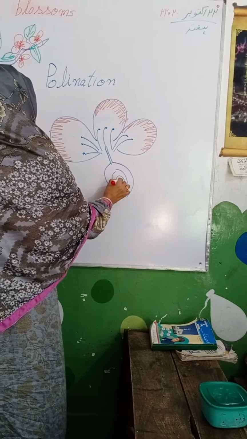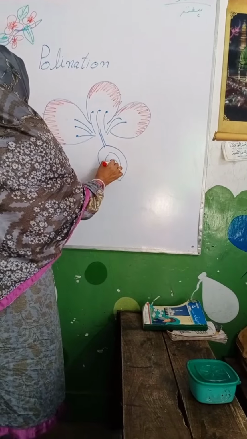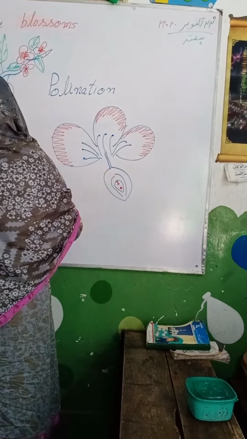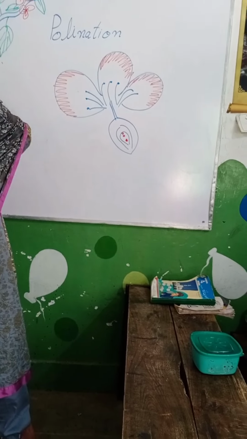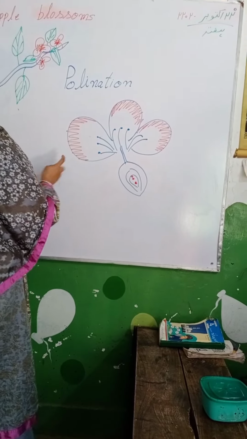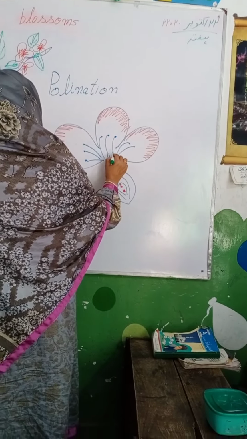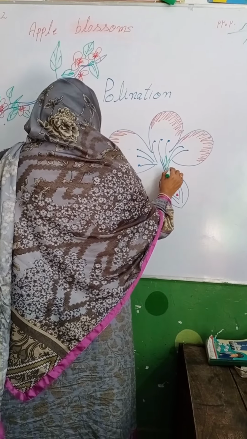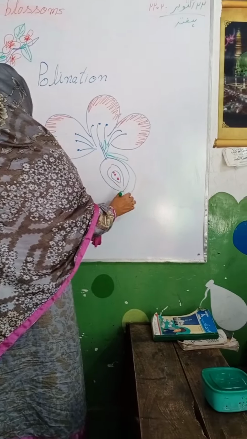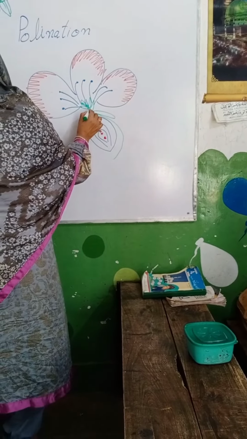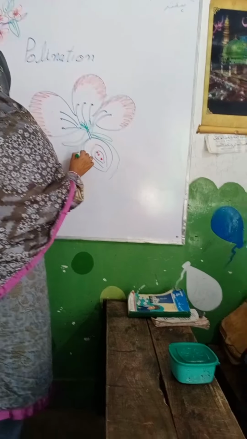For a new seed to grow, male pollen grains must reach the female ovules, which are contained in the ovary in the carpel. This is called pollination. Even if a flower contains both male and female parts, it very rarely pollinates itself.